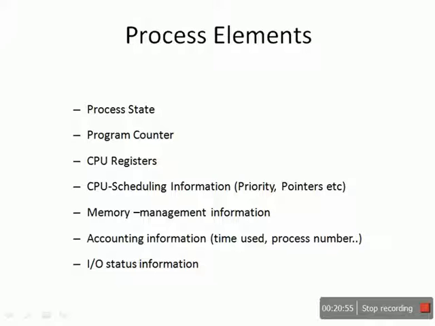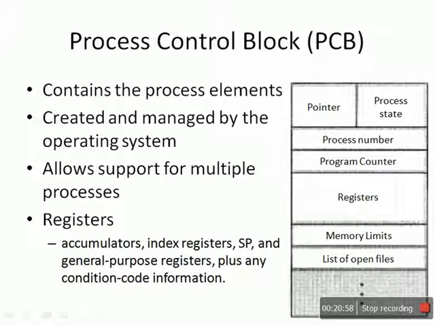The PCB is created and managed by the operating system. It allows support for multiple processes. That means because of the PCB, multiple processes may be created in the system at a time.